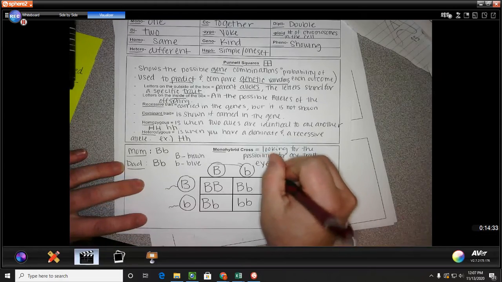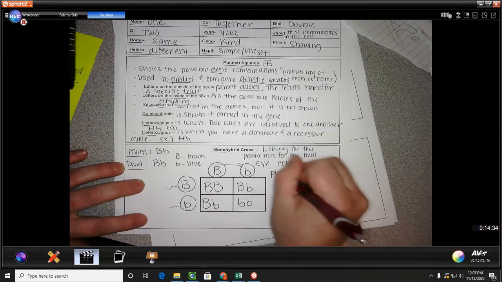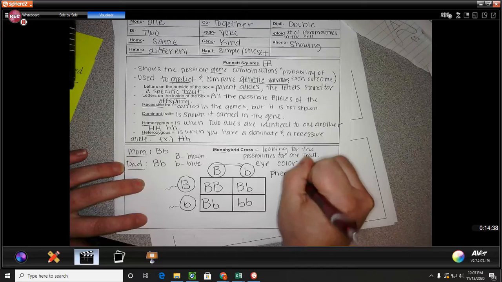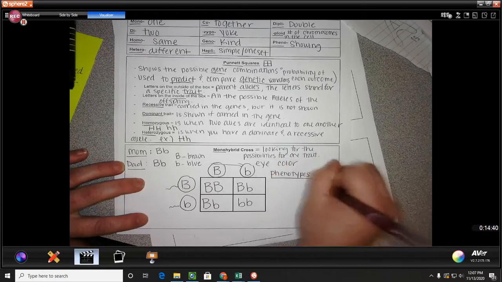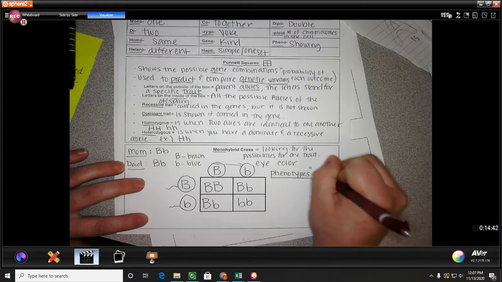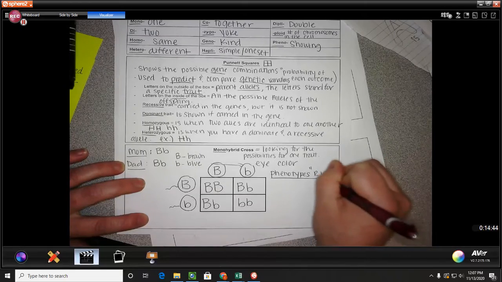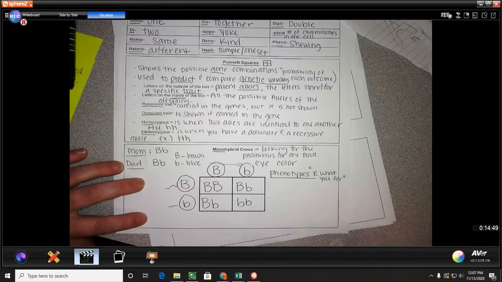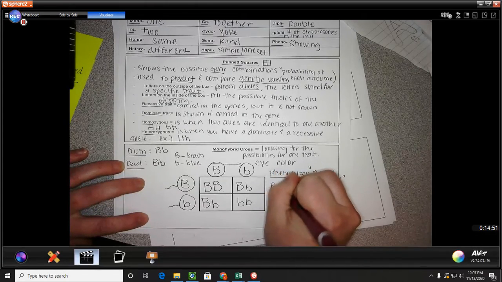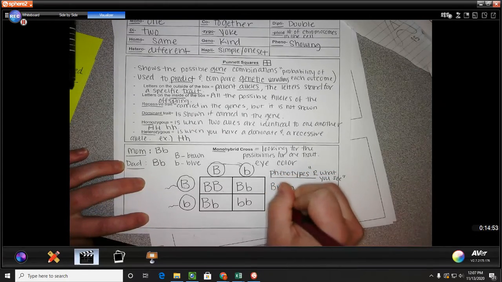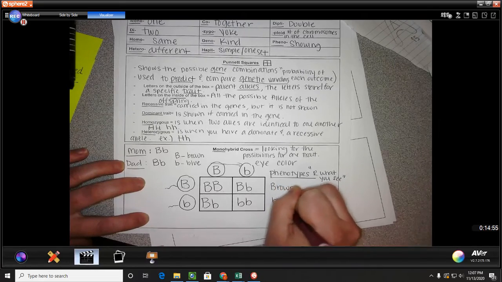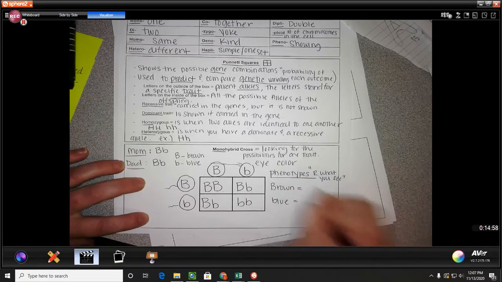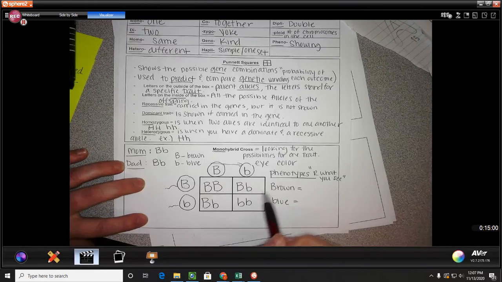So now we are going to look at phenotypes. Phenotypes are what you see. And we have two options. We have brown or blue. How many of these babies are going to have brown eyes? So remember, brown is dominant.